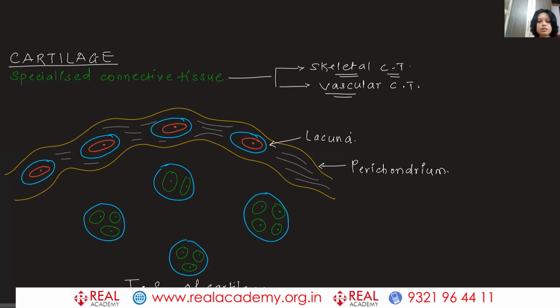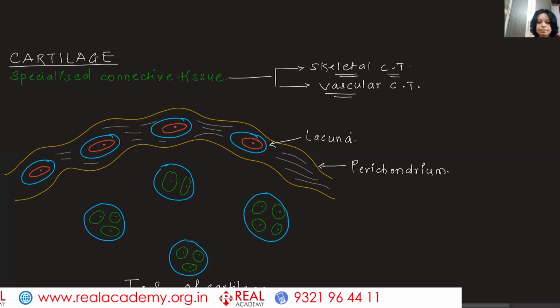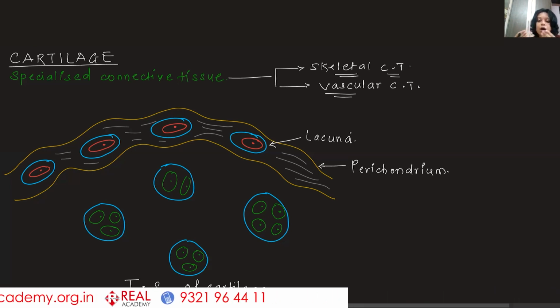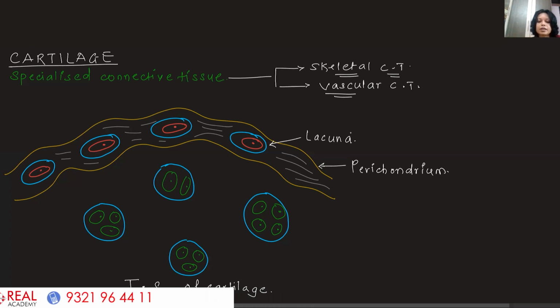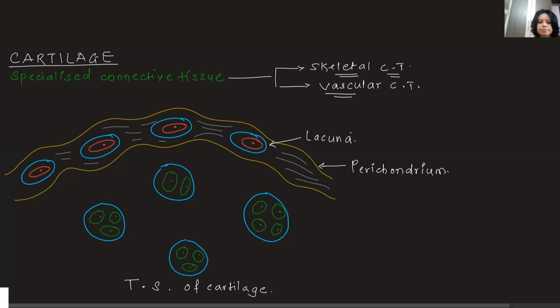So you are observing that I've drawn perichondrium at the outermost margin of cartilage, and it has many spaces inside it. Each of these spaces is called lacuna. Many spaces are called lacunae. And this lacuna is filled with a fluid, and within this lacuna, a cell is found floating.